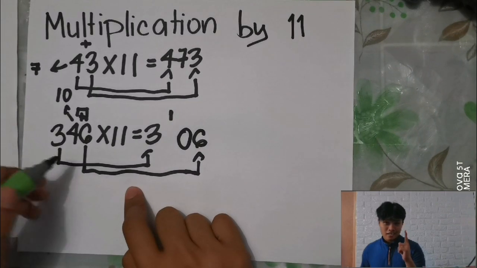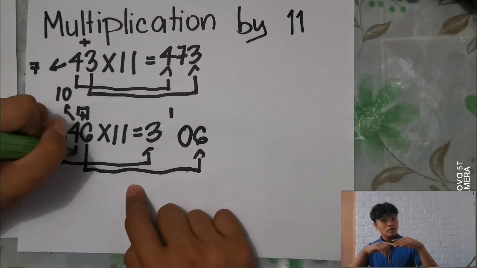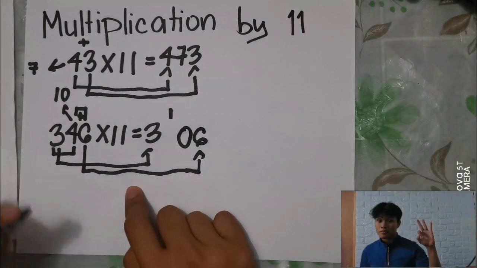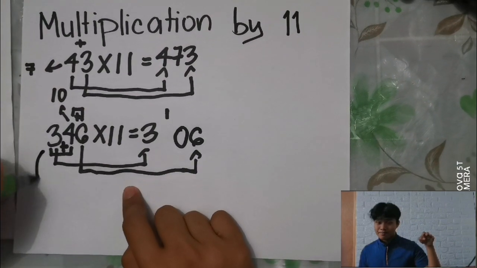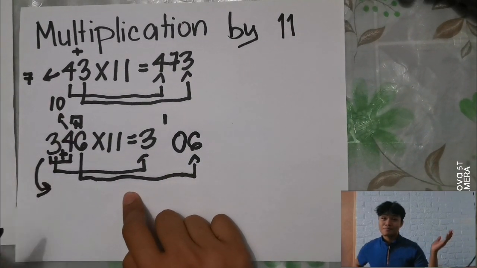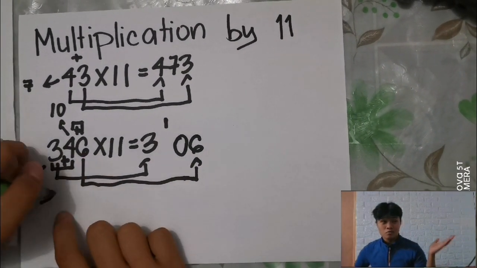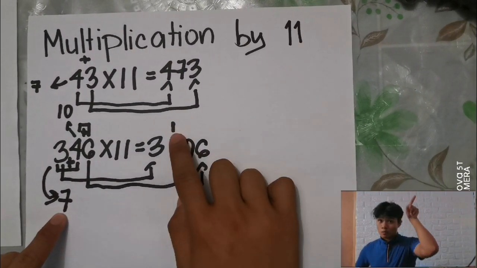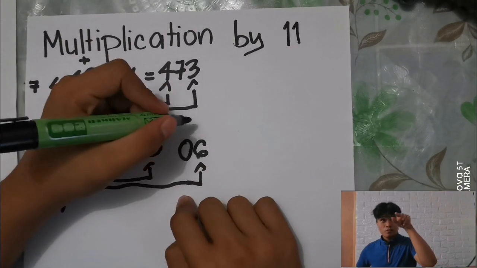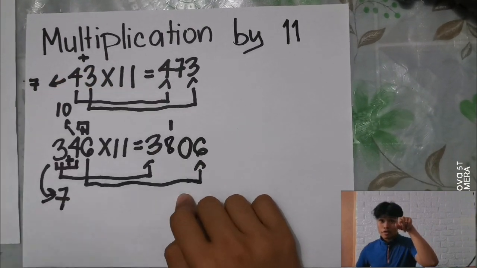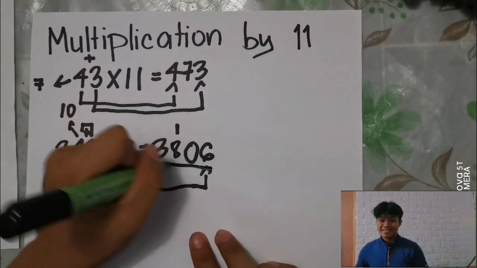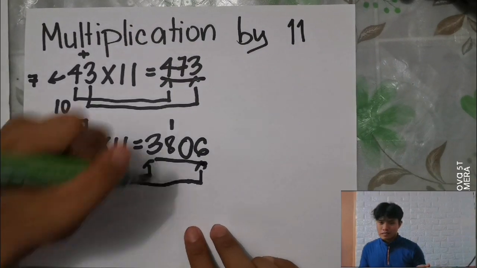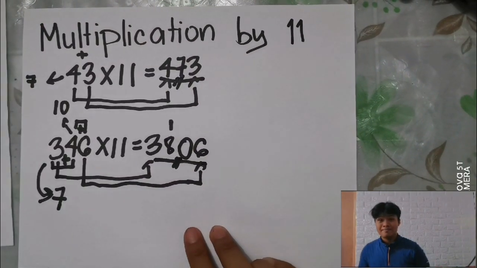And then next, we add 4 to 3. So the answer would be 7. Now we put 7, and then there's the carry 1, so 7 plus 1 is equal to 8. Pretty easy, right? That's the correct answer. That's how you multiply by 11.